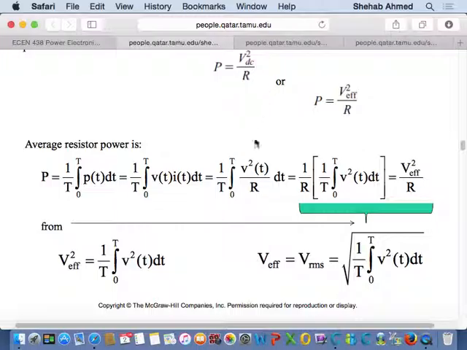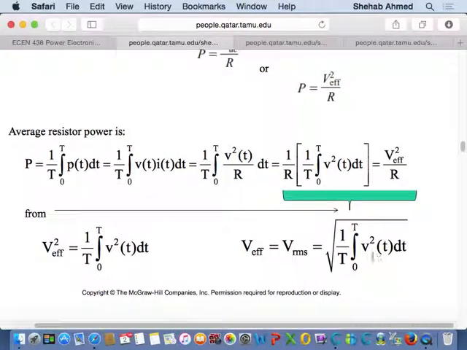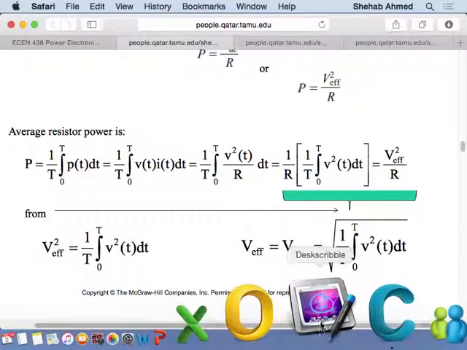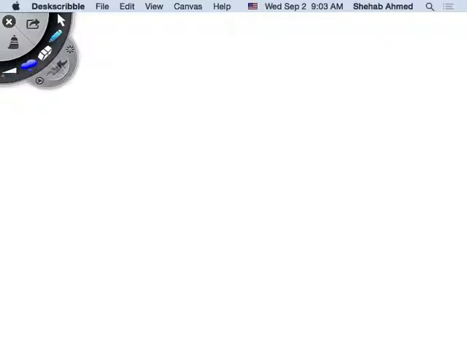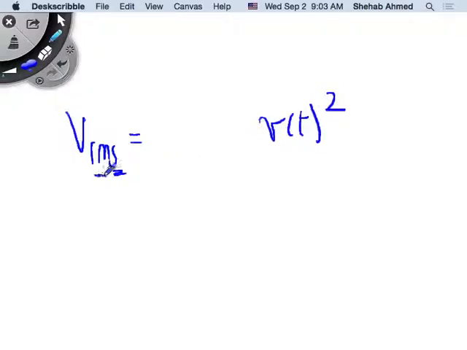RMS value of any waveform in general is equal to what? So V RMS is equal to what? You take a waveform and you first square it, and then you find its mean value, meaning average value.